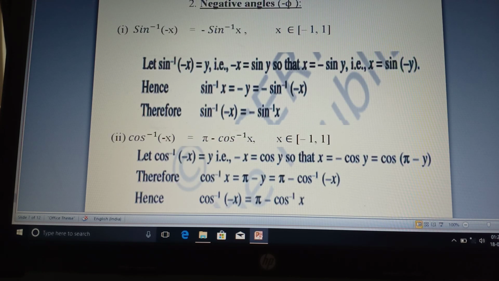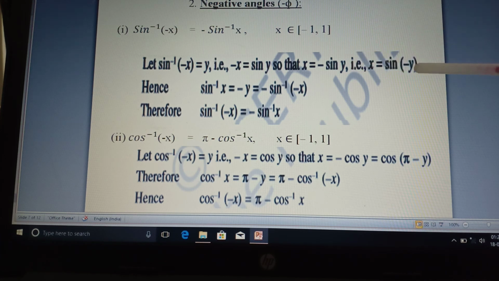In case of negative angles, sine inverse minus x can be written as minus of sine inverse x for all x belonging to the closed interval minus 1 to 1. It can be proved like this. Let us take sine inverse minus x equal to y. So minus x can be written as sine y, so x can be written as minus sine y, and this minus can be taken inside.